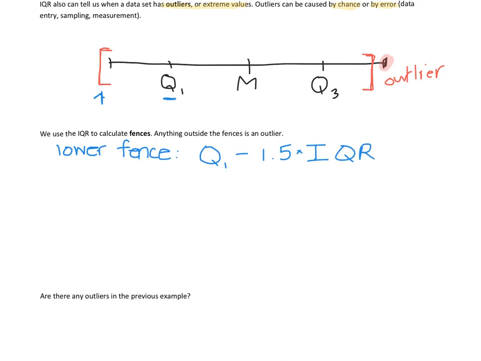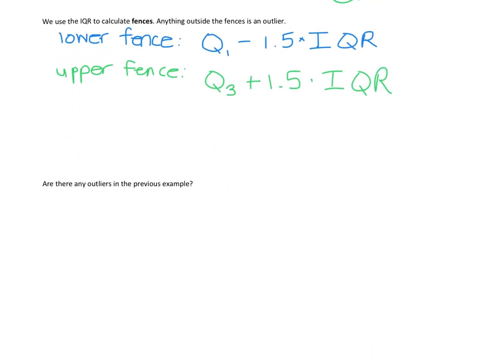And that's going to give us that lower fence. We also have our upper fence. And we start with Q3, and we're going to add the same thing, 1.5 times the IQR, to get the upper fence. Okay, so those are our formulas. And again, anything that lies outside the lower fence and the upper fence is going to be considered an outlier.